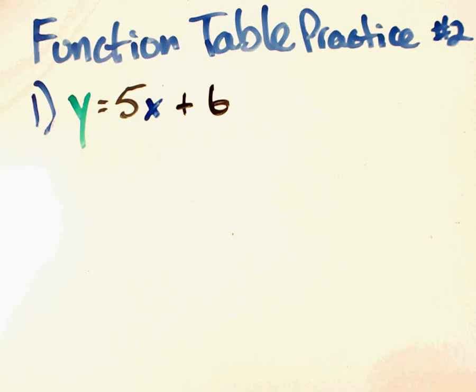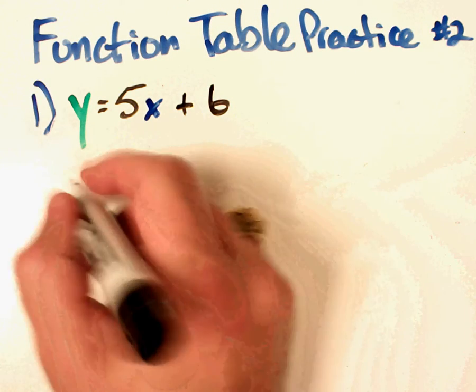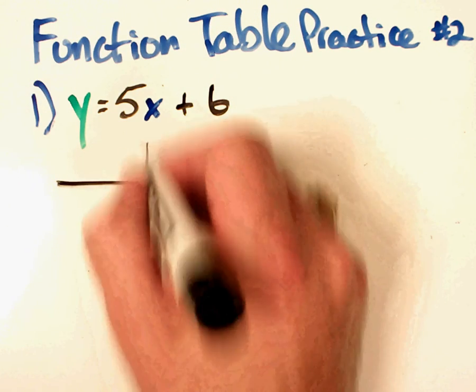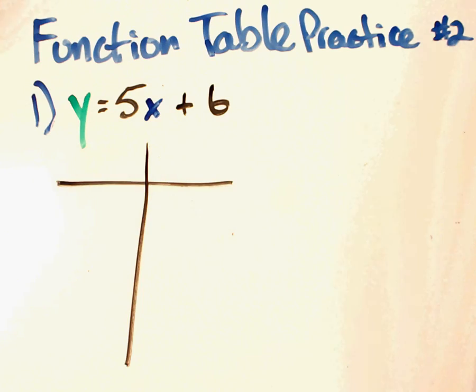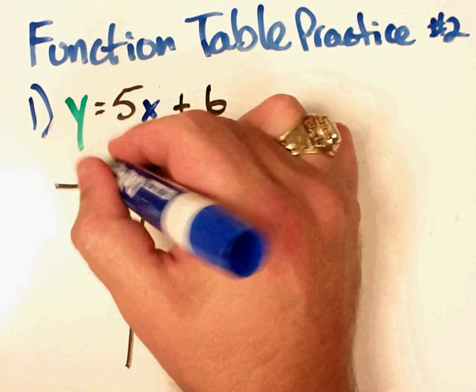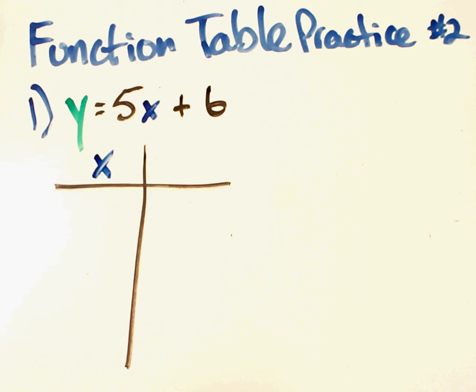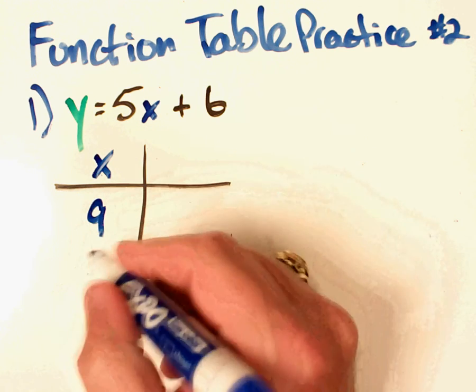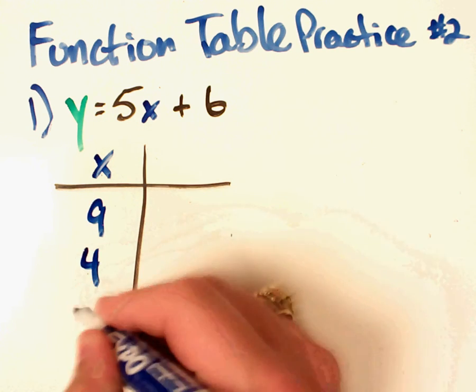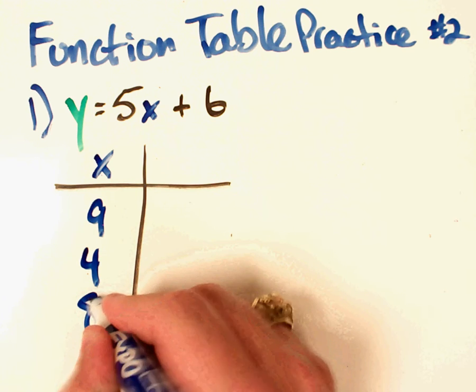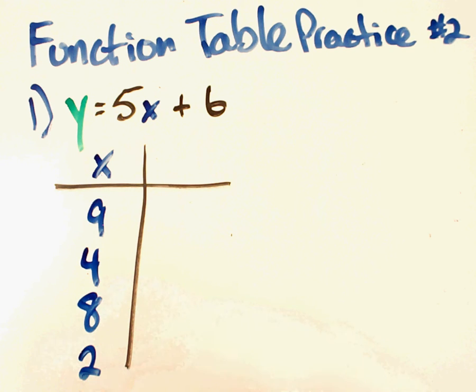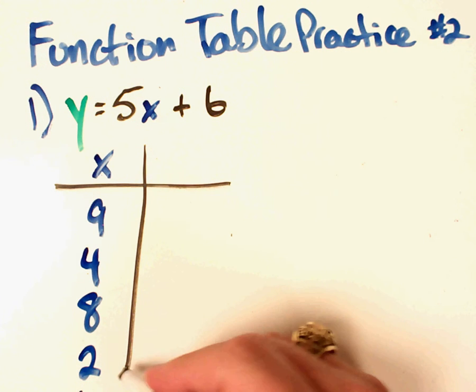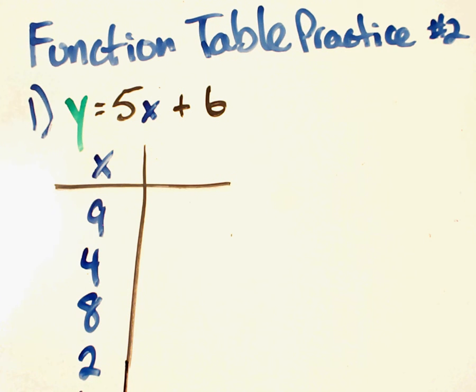Okay. So I'm going to go ahead and set up my function table. So my x's, or my inputs, are going to be 9, 4, 8, 2, and 6. And I know you guys can't see the 6, but I will slide it up when we get there.